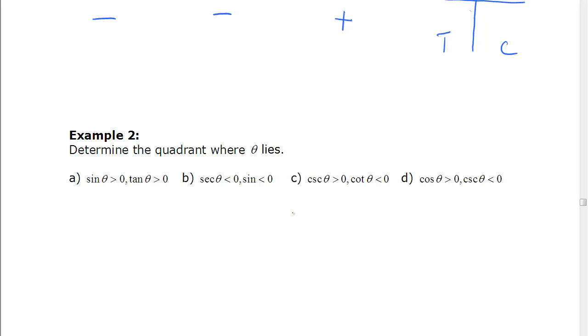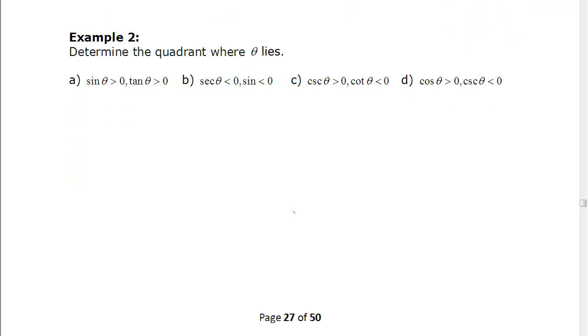We'll finish with example 2 then. And in example 2, we're given two pieces of information. So in this first one here, we're told the sine of theta is positive and tan theta positive or greater than 0. That means positive. So where can both of those things be true? Well, sine is positive in quadrant 1, so we'll write sine theta, and in quadrant 2, sine theta.